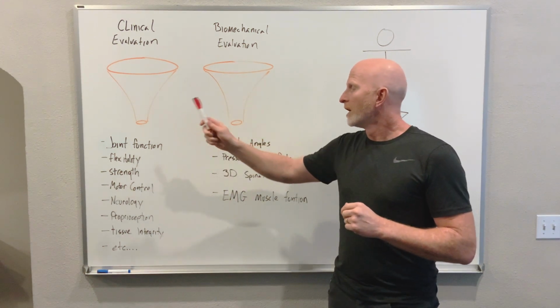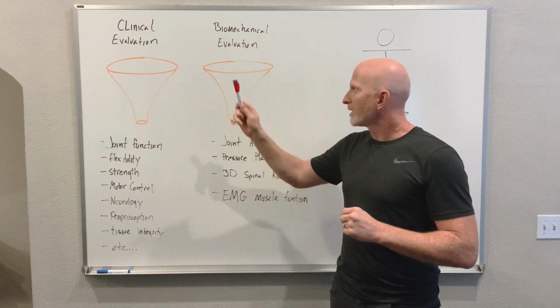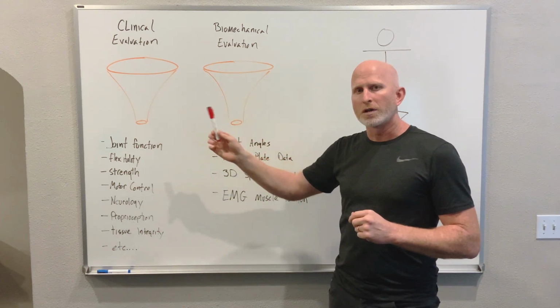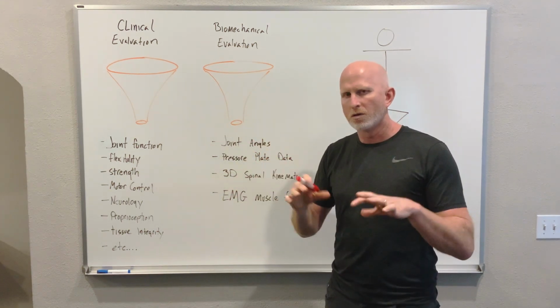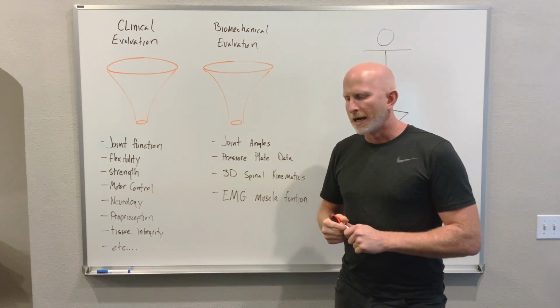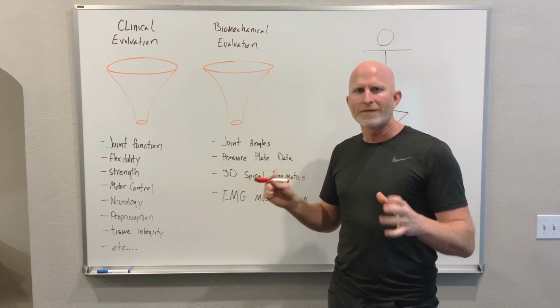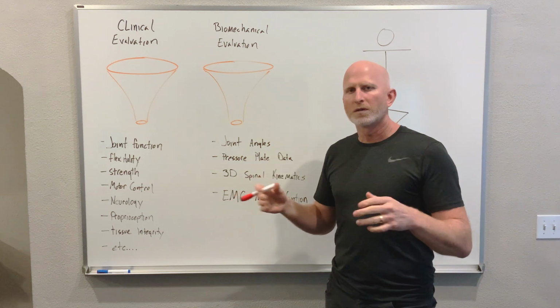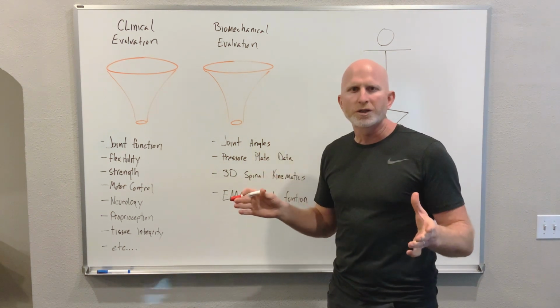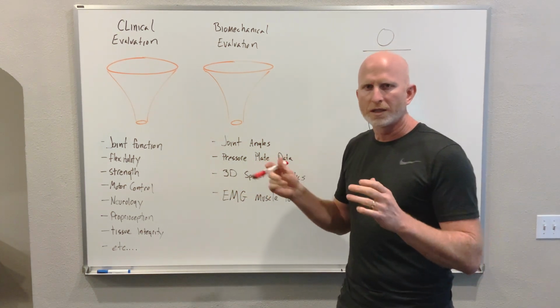That is imperative. So when we're looking at this two-part process, the clinical evaluation normally comes first, and that's where us as physical therapists get you as patients, runners, clients within our clinic, and we do a full evaluation looking at muscle function, joint function, flexibility, motor control, all these different things.